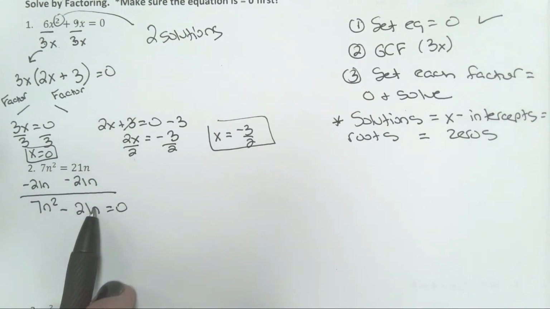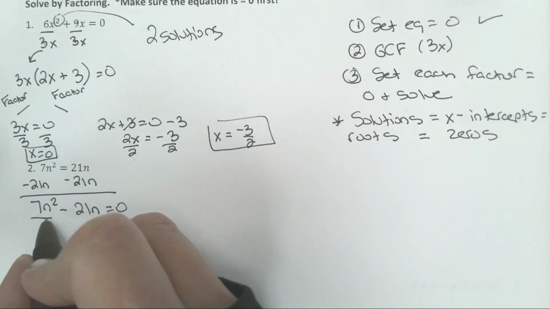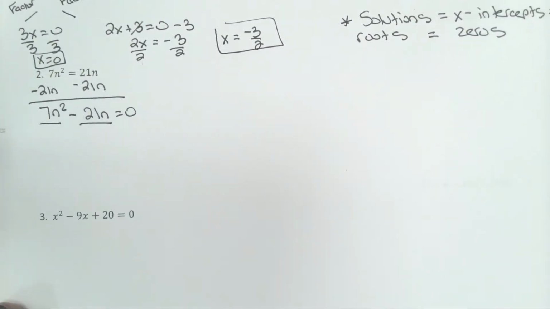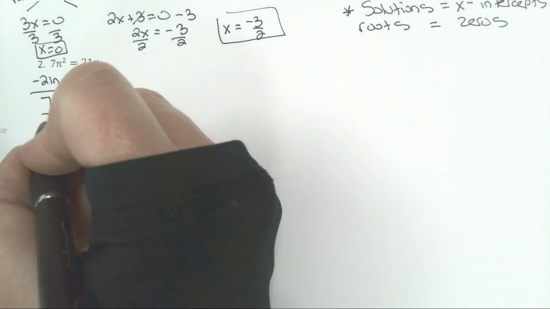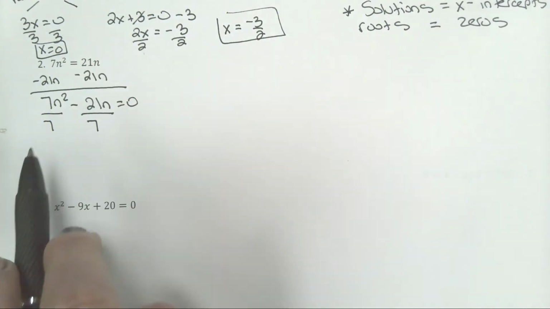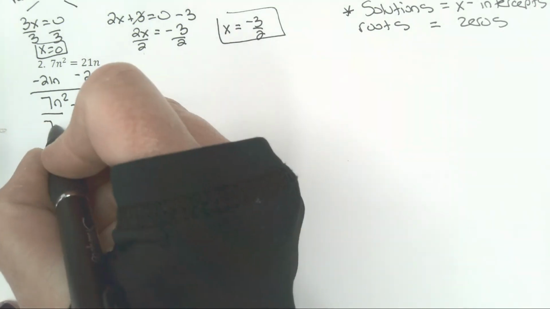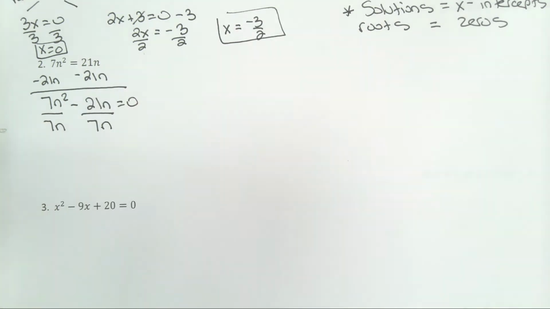There's only 2 terms. They each have an n, so I know that this is a GCF kind of problem. All right, the biggest number that divides into 7 and 21 will be 7. And the GCF of your variables is always the smallest exponent.